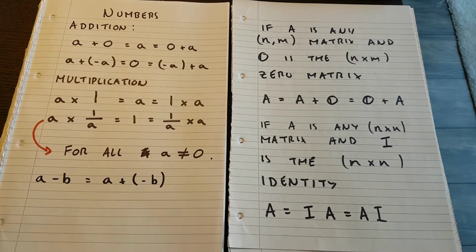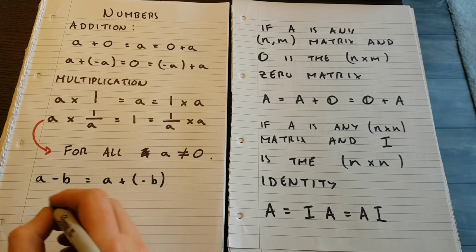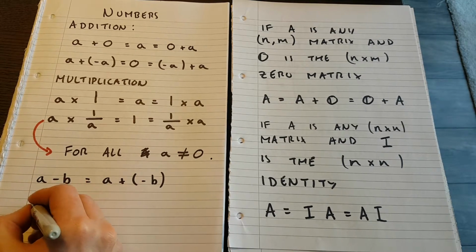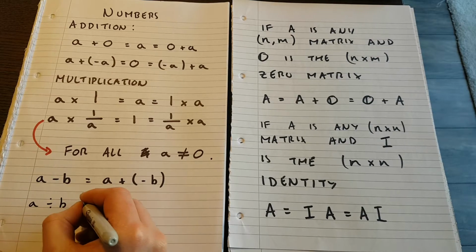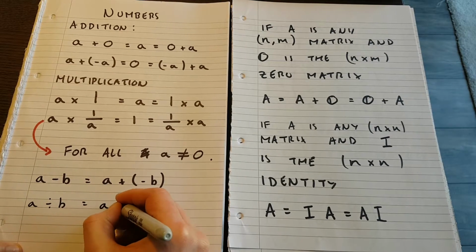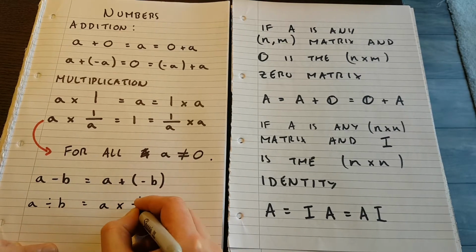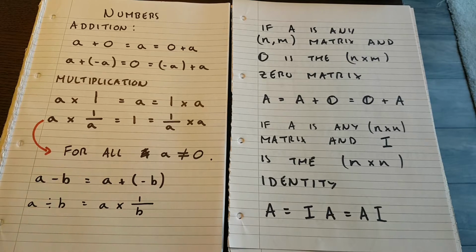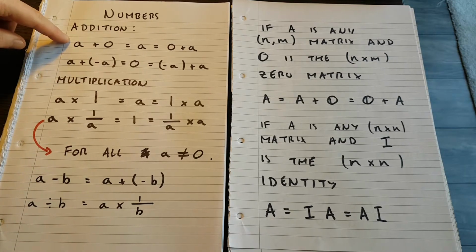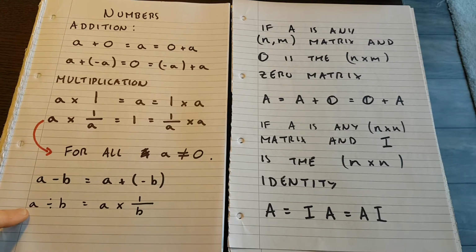So I replace subtraction with the addition of a negative, and I replace a divided by b in my mind by a multiplied by the inverse of b. So for me, there is no subtraction, there is only addition of negatives. For me, there is no division, there is only multiplication by inverses.